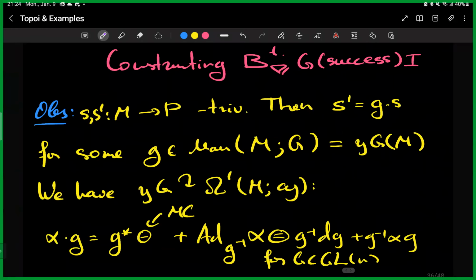And we do this by considering the following. Assume that we have two trivializations of a given principal bundle. Then these two trivializations can be moved from one to the other using a certain smooth function valued in the group G from our manifold M. So I think it's called a gauge transformation.